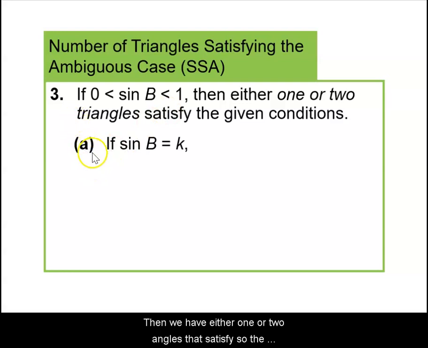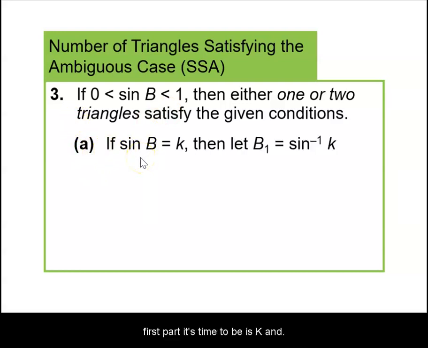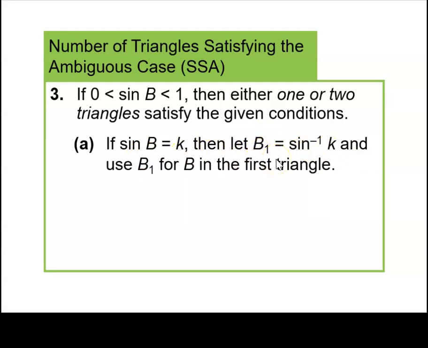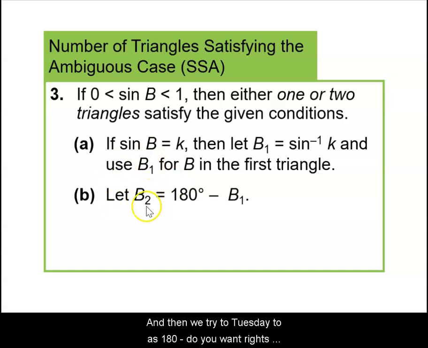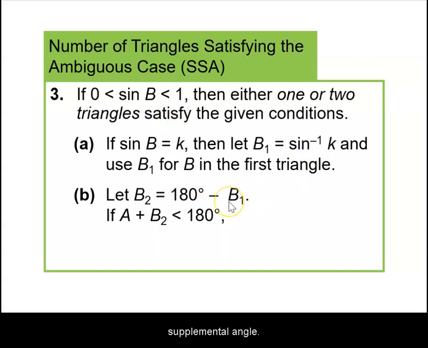So for the first part, if sine of B is K, and we let B1 be sine inverse of K, right? So with the angle, we use B1 for B in the first triangle. And then we try to use B2 as 180 minus B1. In the last example we had, that's what we did. We find the supplemental angle.